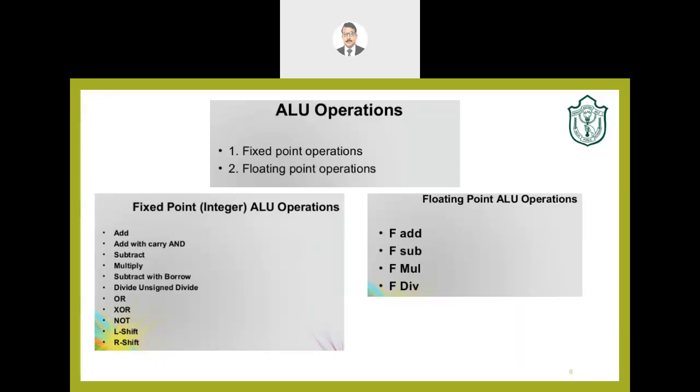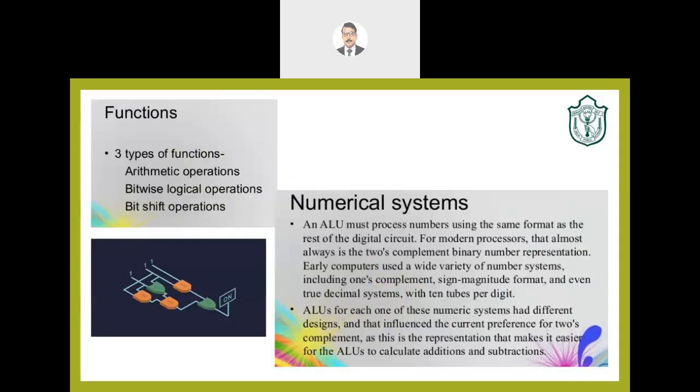And floating point ALU operations are FADD, FSUB, FMUL, that is multiply, and FDIV, that is division. And there are three types of functions: arithmetic operations, bitwise logical operations, and bit shift operations.